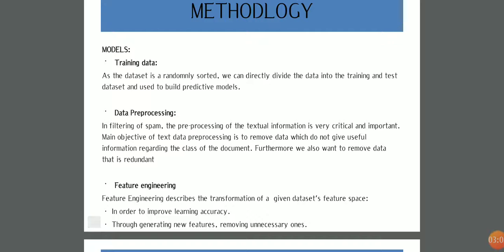Now let us see the methodology. The first model used in this project is training data. As the data set is randomly sorted, we can directly divide the data into training and test data sets and use them to build predictive models. Data pre-processing: in filtering of spam, the pre-processing of the textual information is very critical and important.